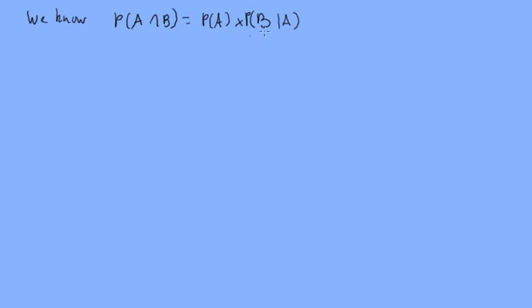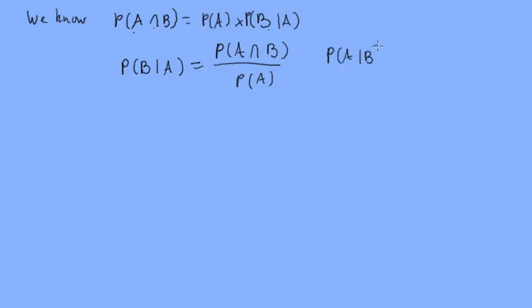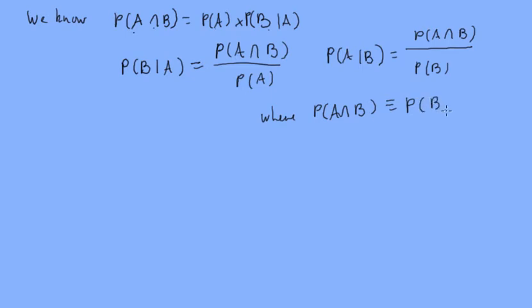And if we know the probability of A and B, and we know the probability of A, we can know the probability of B given A. So the probability of B given A is the probability of A and B over the probability of A, and the probability of A given that B has happened is the probability of A and B over the probability of B, where the probability of A and B is equivalent to the probability of B and A.